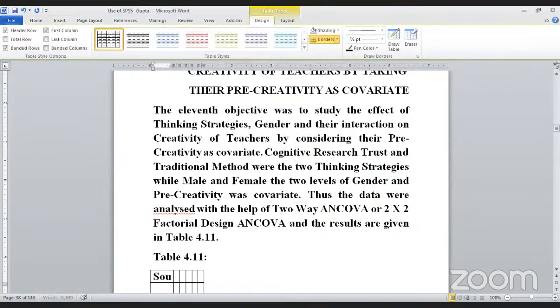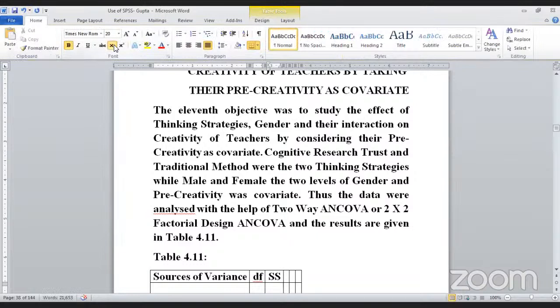Yes, sources of variance, DF, then it is SS Y dot X. Please remember, in case of ANCOVA, you must write Y dot X. If you do not write, then people may think it is ANOVA.